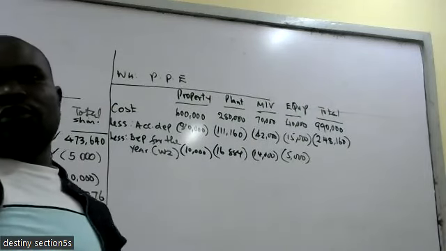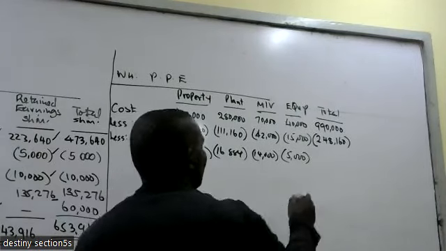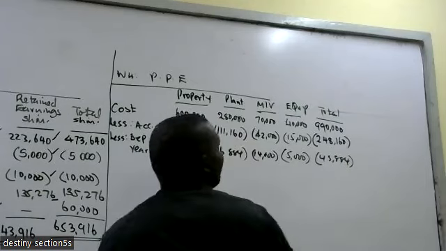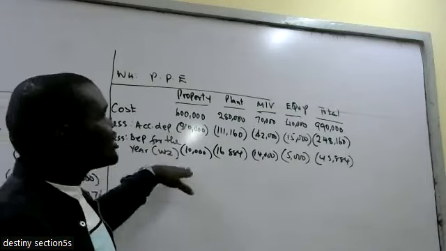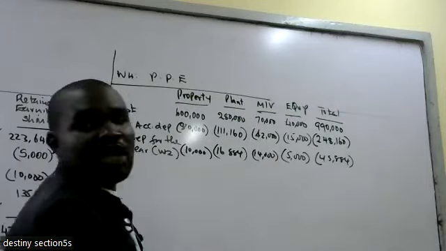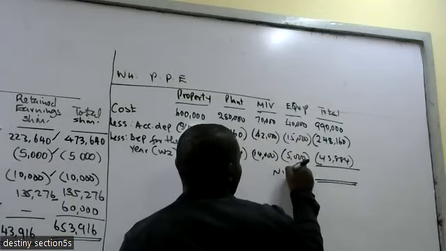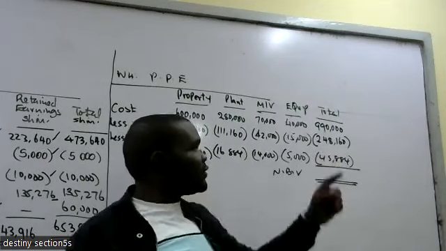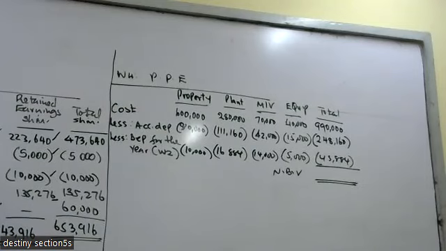Total is 45,884. Correct. So the total net book value, I will not be interested in the individual ones because at the end they will come. I just need this total. Total NBV. So take 990 minus 248 minus 45,884. Can you give me the total? The total is what I want.